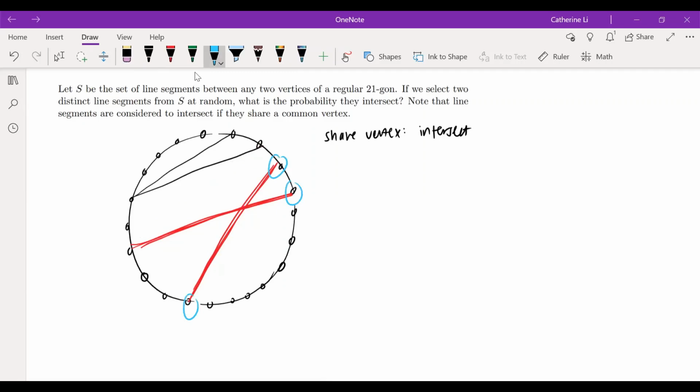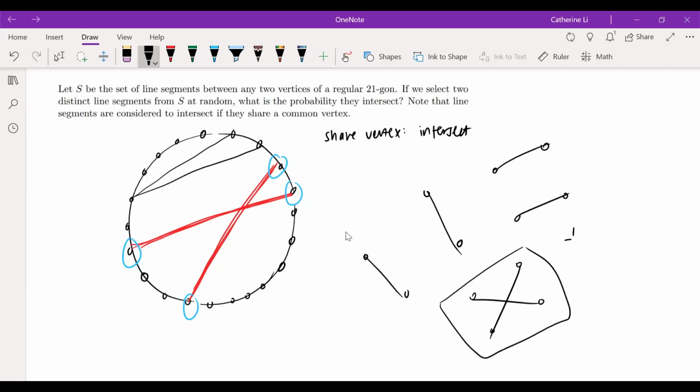If we're just looking at those 4 points, it doesn't matter where they are, it just matters the order that they're in. The ways that we can connect these 4 in 2 pairs is like this, or like this. So there are 3 different ways that we can connect these 4 points together, but exactly 1 out of the 3 has them intersect.